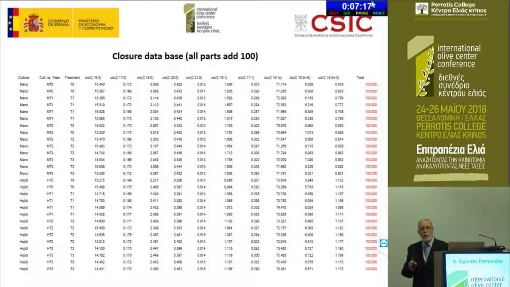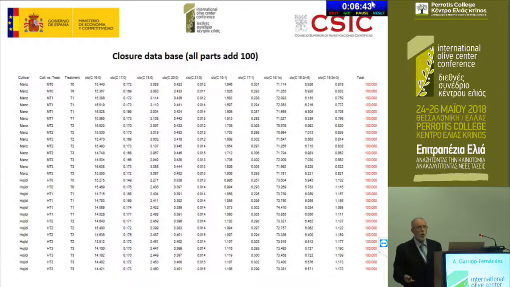The first step is just to close the composition to the same amount, because before there was one with 93, 94, 90. Now, after the closure, all the compositions of the treatments have the same reference amount, 100. Obviously, all the values of the composition have changed to accommodate this new reference value.